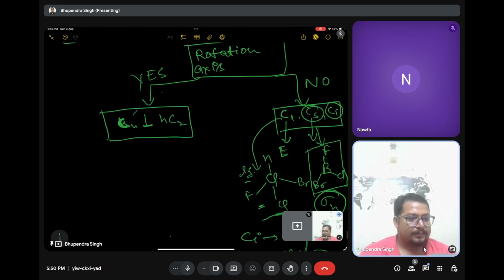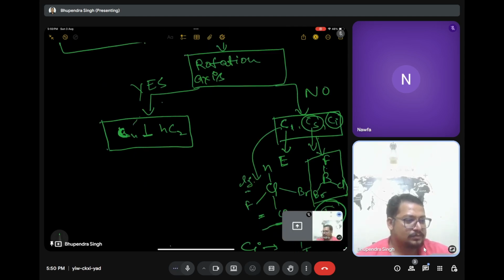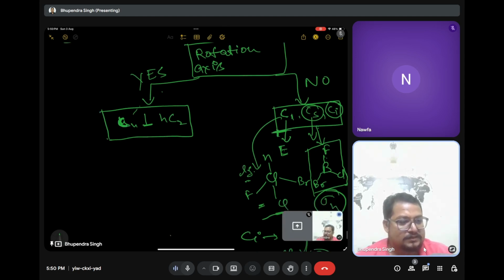Okay. Now, if an axis of rotation is not present, then these three could be the possibilities for the point group of the molecule. Now, if a rotation axis is present, then you have to find out whether a perpendicular C2 is present with this axis of rotation, or proper axis of rotation.